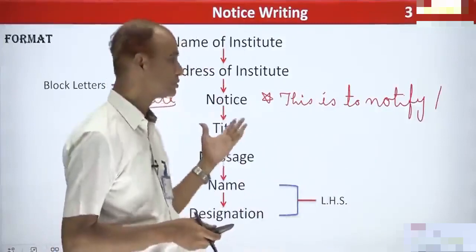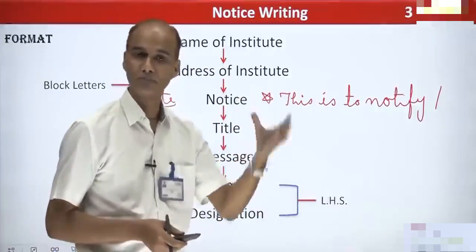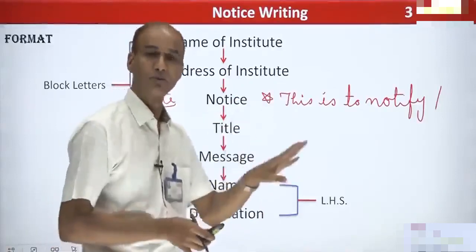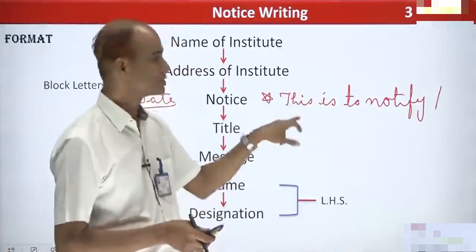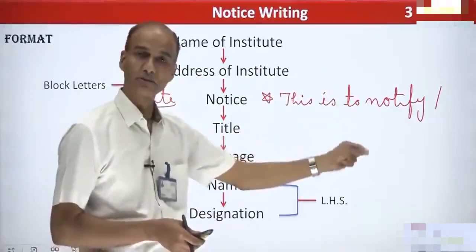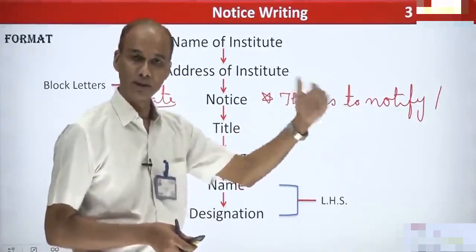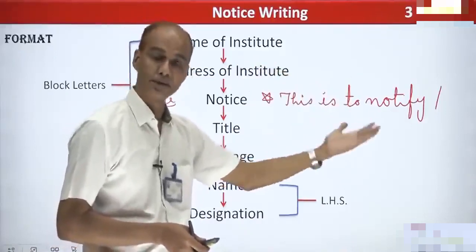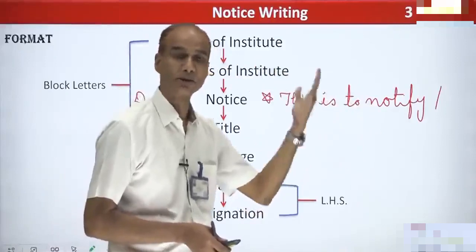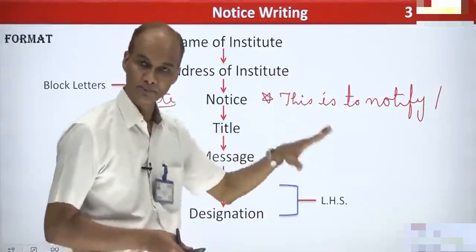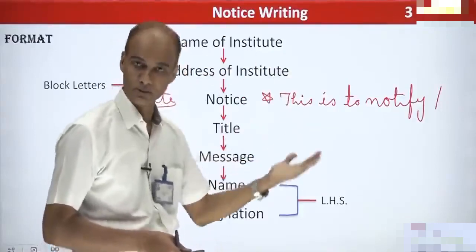Because suppose the school is organizing some trip or some picnic and you are writing all the students, then all may come. So to avoid that, you should write, this is to inform the students of class this, whomsoever that is actually related to or concerned. So you must include that group only, not the whole group or the whole school, right?